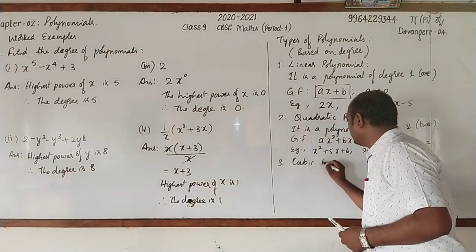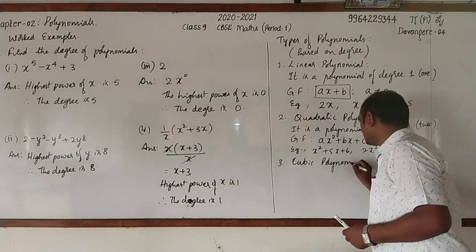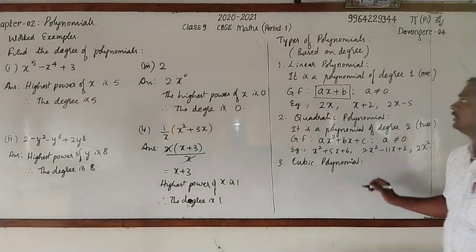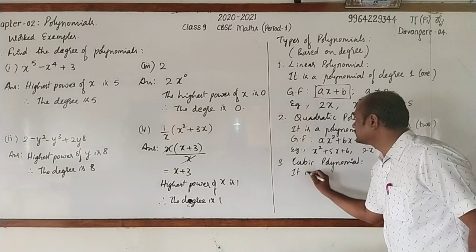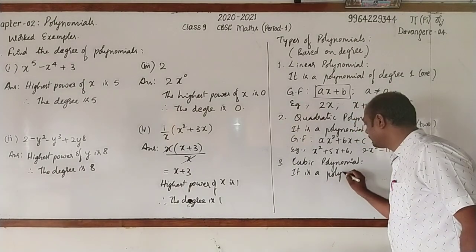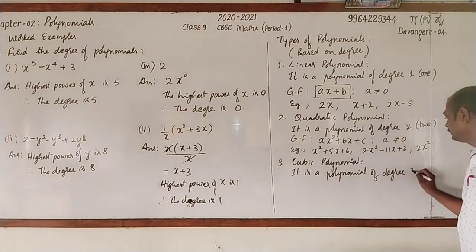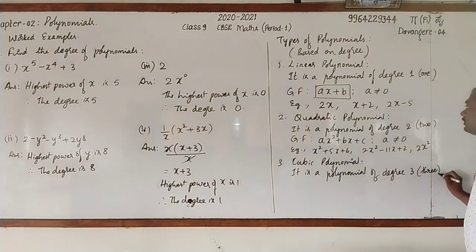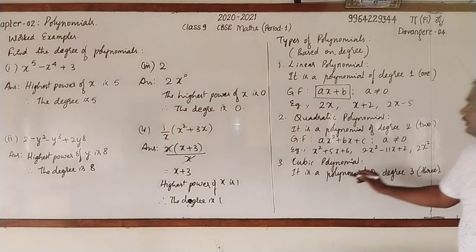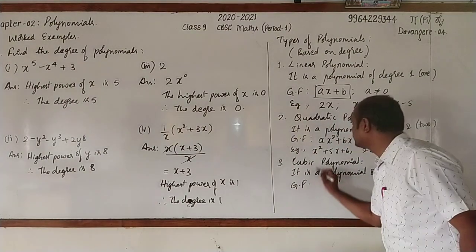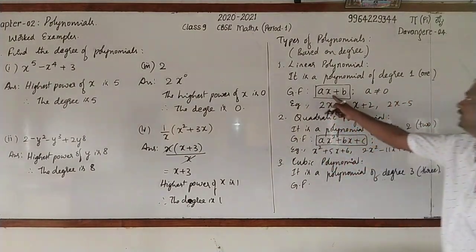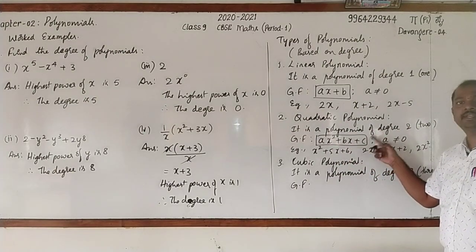Cubic polynomial. Yes. Definition: it is a polynomial of degree 3. Got it? Then can you tell the general form just by observing the first two? ax plus b, then ax square plus bx plus c.